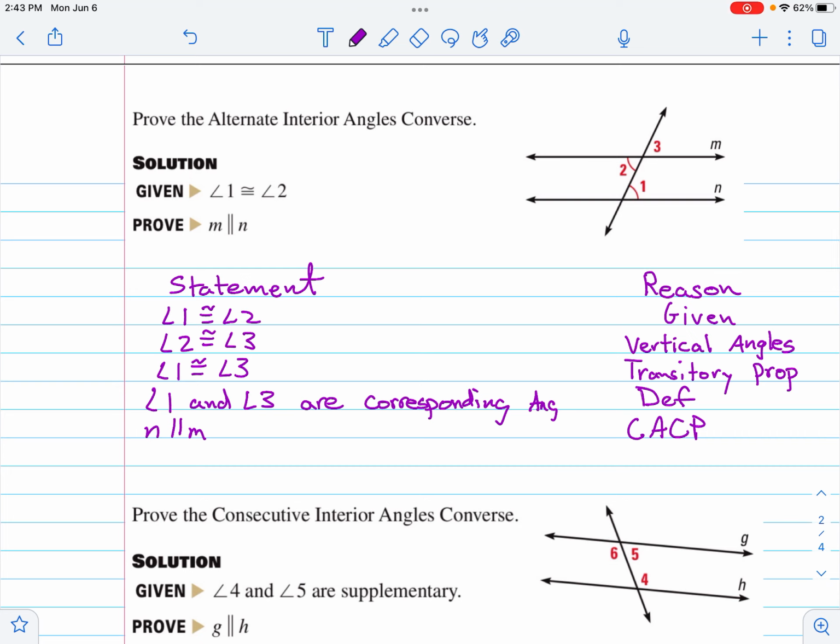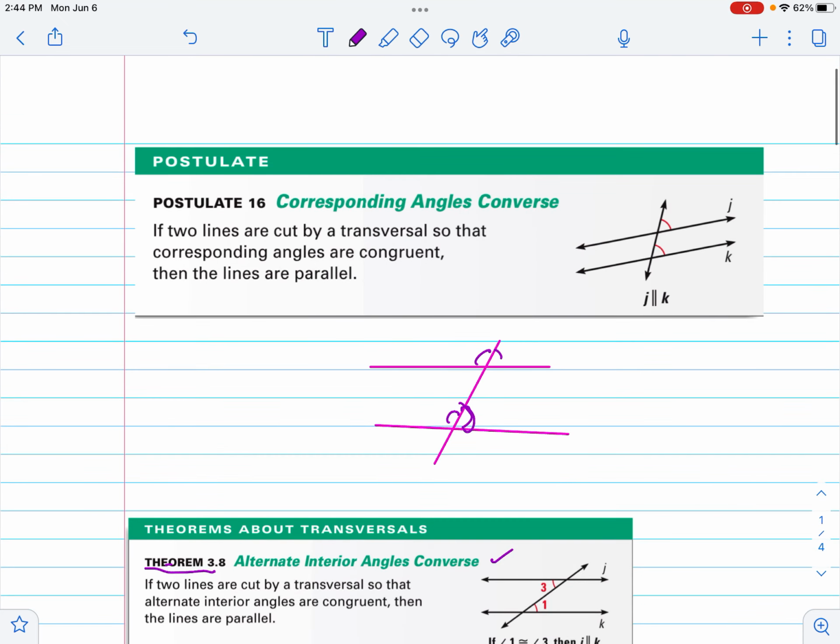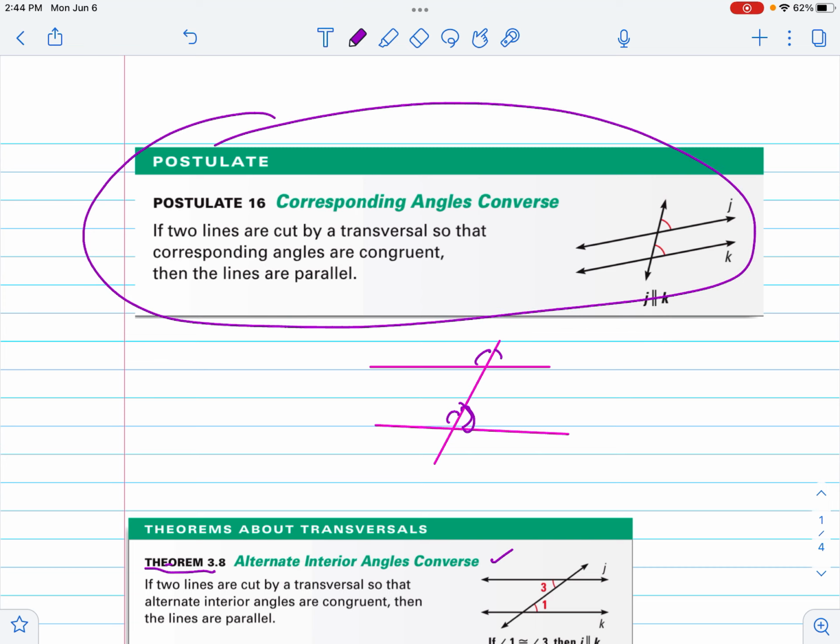So notice the way you start. You always start with what's given, and then you look for ways to build on that. Okay, based on what's given, what else do I know? Well, one of the things I know is angle 2 and 3 are congruent. See, because when we started this, the game we were playing, we wanted to use this postulate right here.